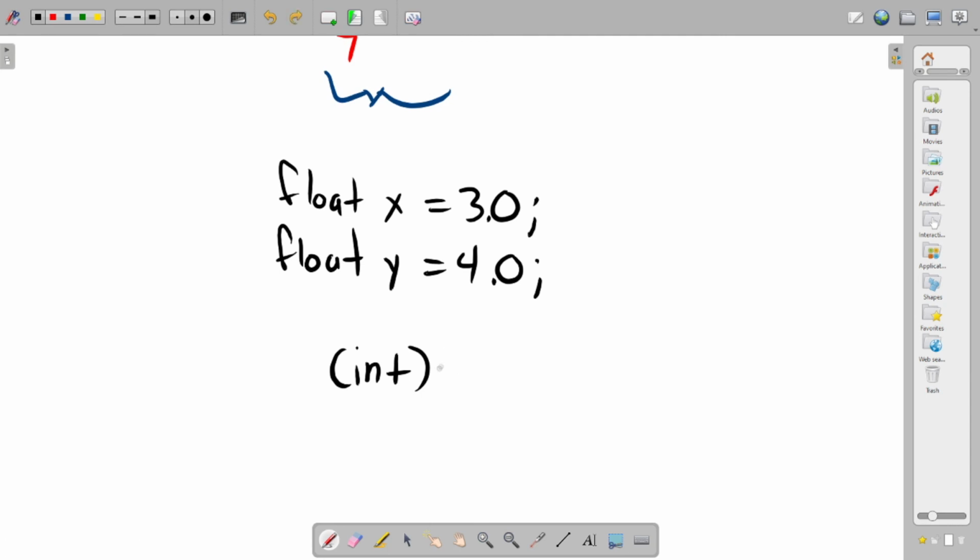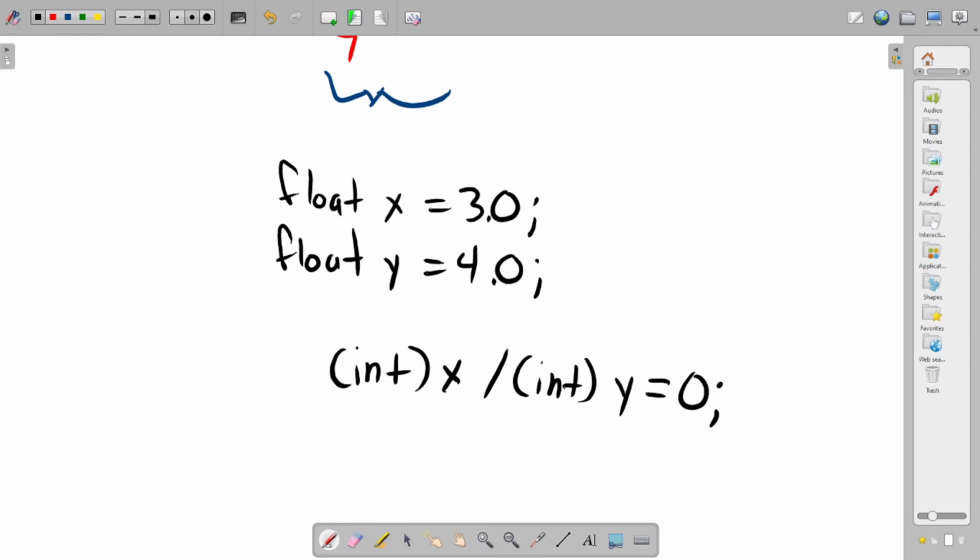So what I would need to do here is cast x to an integer and y to an integer in order to get 0. If I only made x an integer or only made y an integer, then it would have done an integer divided by a float or a float divided by an integer, which would still give us a float. But if I do it this way, then we get 0 like we have here.